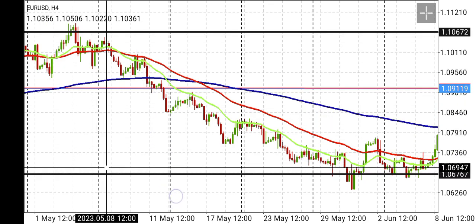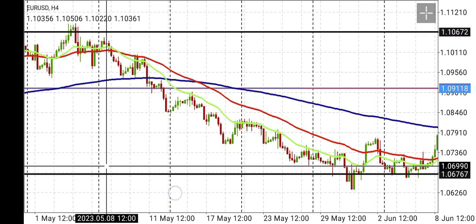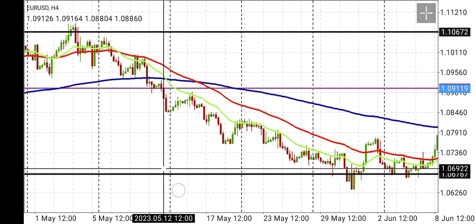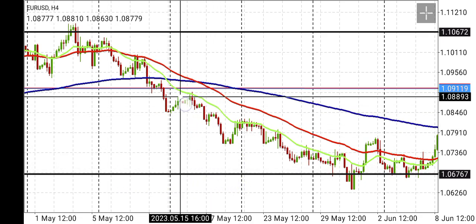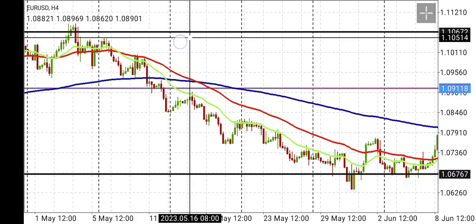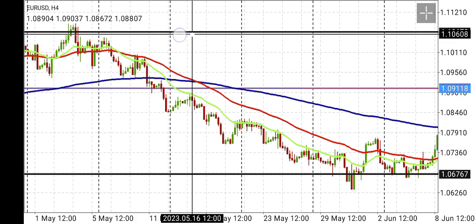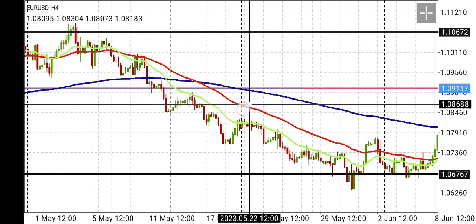Okay, and the most important place for you to enter this trade, that's how to trade the support and resistance, is from either this level if you are buying, or you are selling at this level. Okay, you don't want to be caught in between.